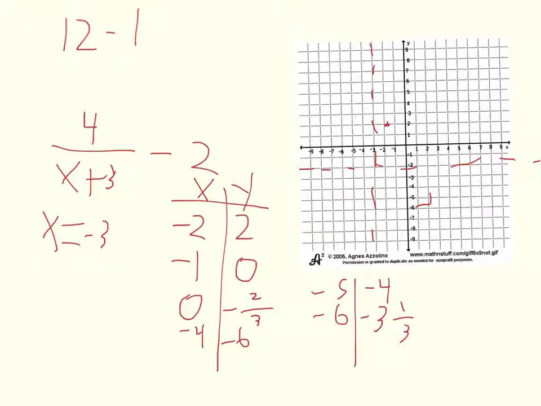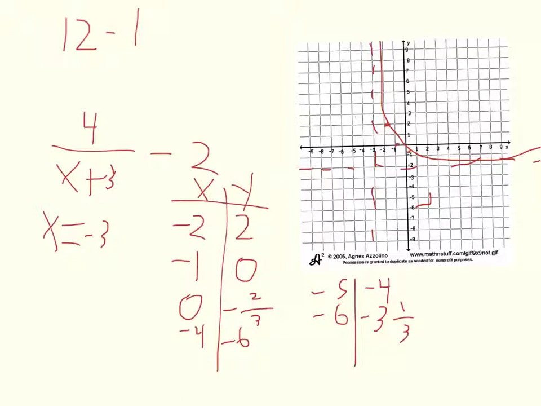Negative 1 and 0, right there. And 0 and negative 2/3. Oh, I'm sorry, I put it in the wrong spot. It's supposed to be right there. And there. So it looks like that.